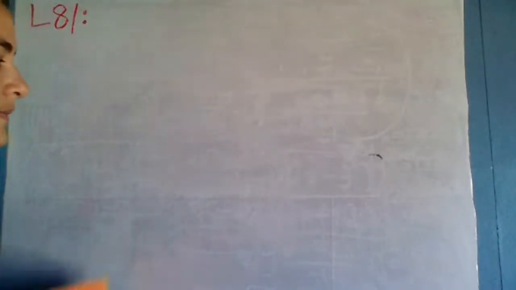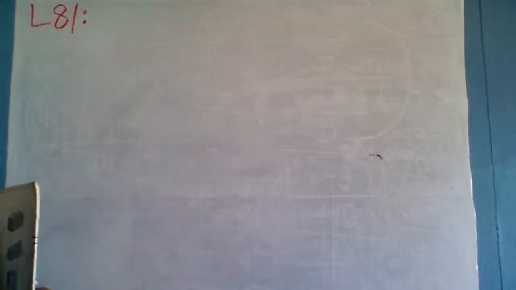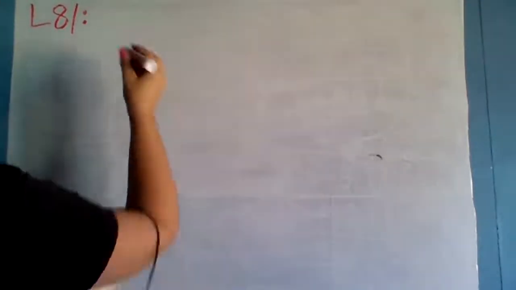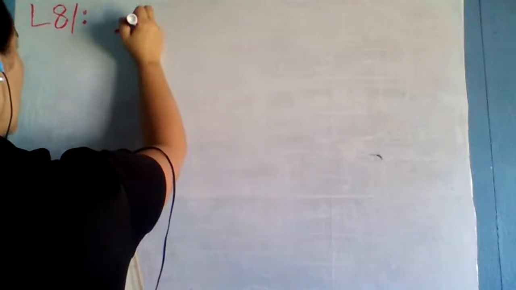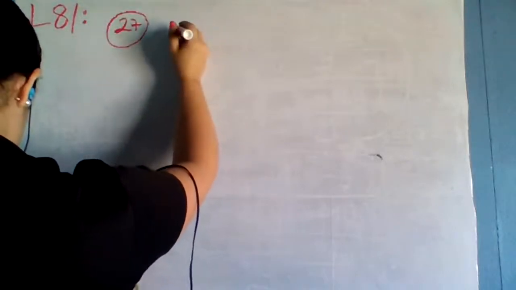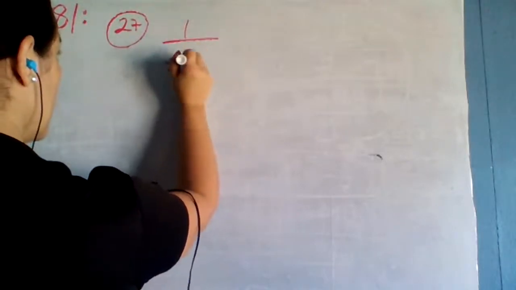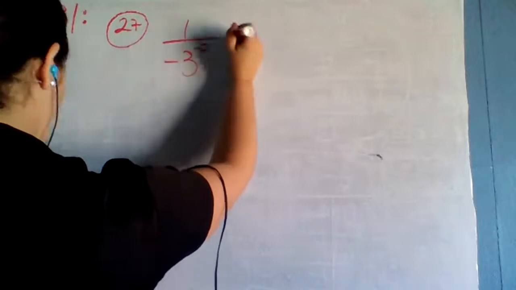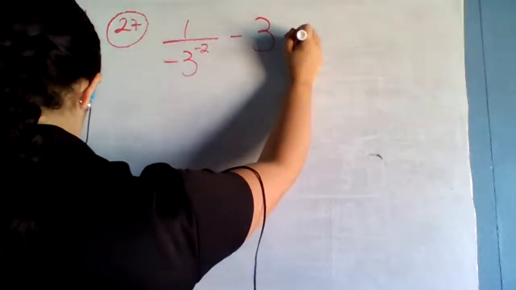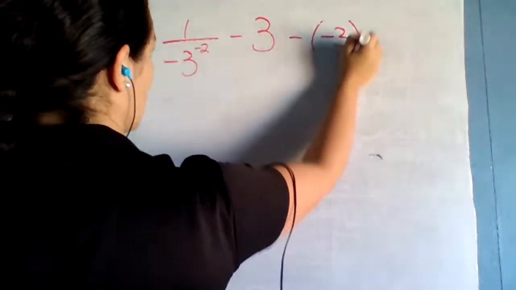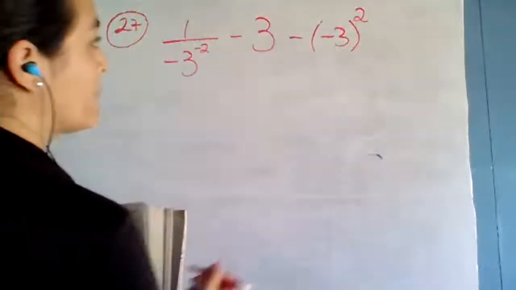Okay. And 27 is another one of those that we just need to make sure we learn. Let's see. It says 1 over negative 3 to the negative 2, minus 3 to the negative 3 over 2.